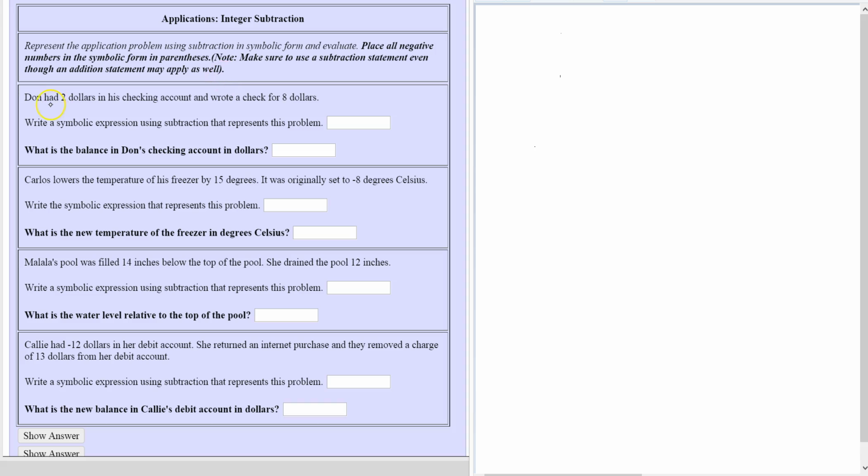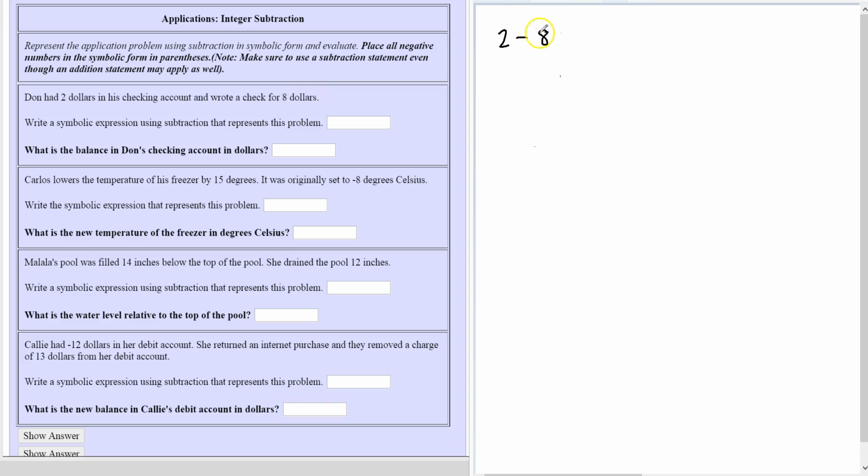So in the first example, it says Don had $2 in his checking account and wrote a check for $8. Write a symbolic expression using subtraction that represents this problem. So he started with 2, and then you would subtract off 8 because he wrote a check for $8.